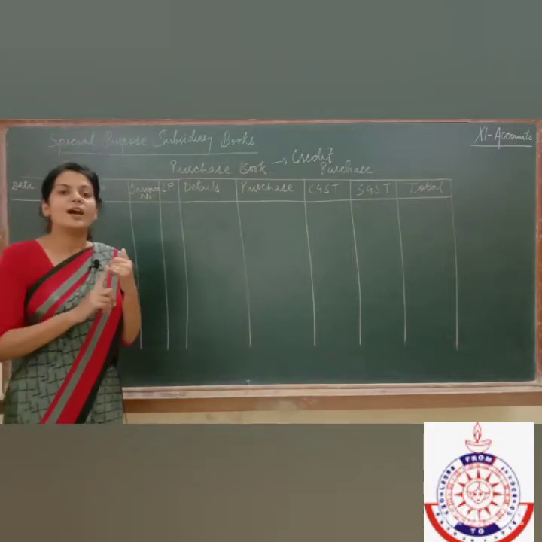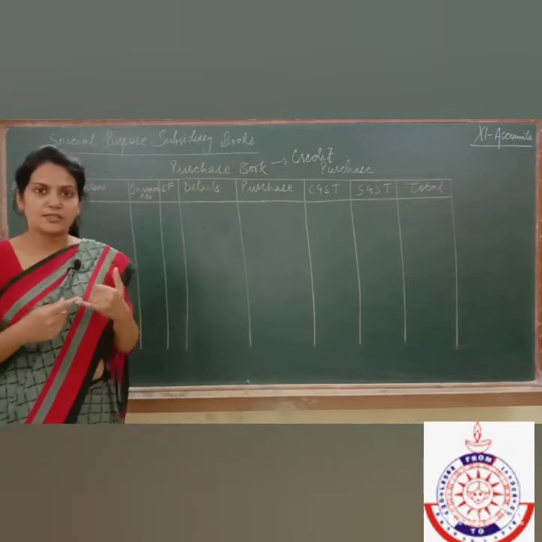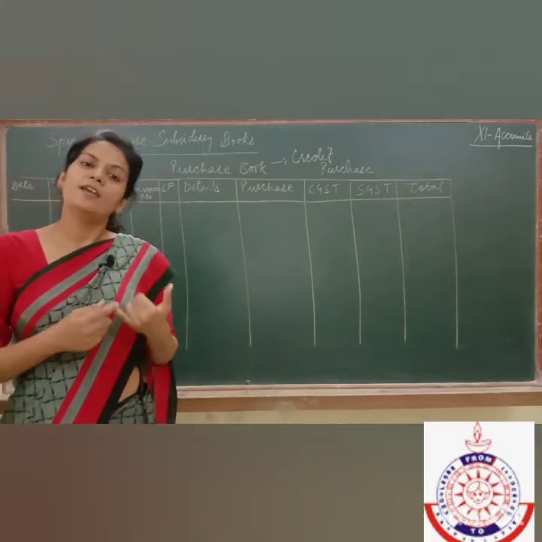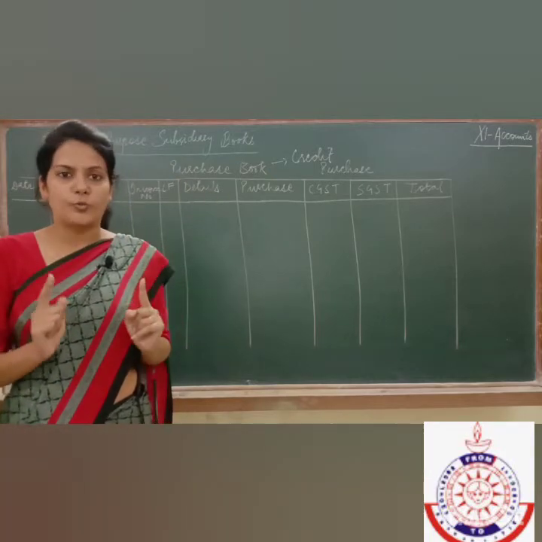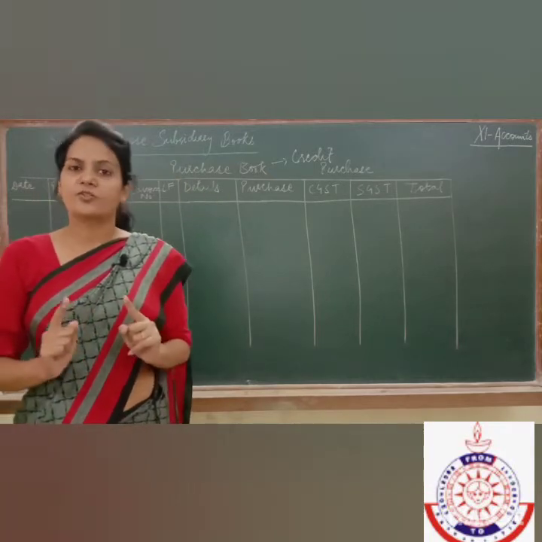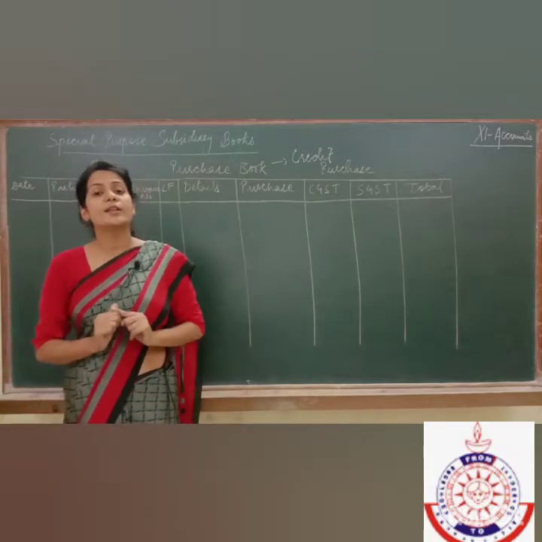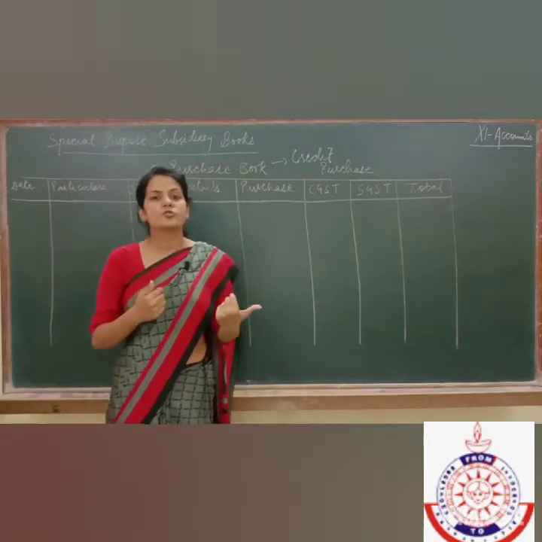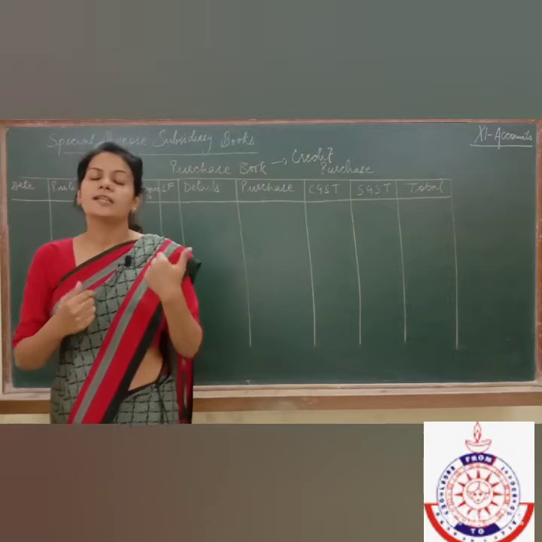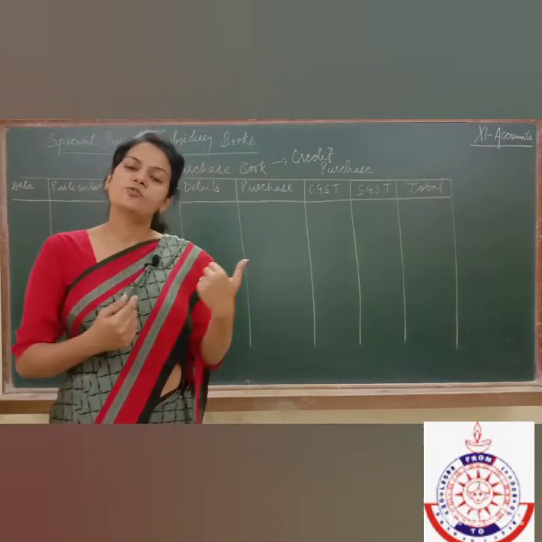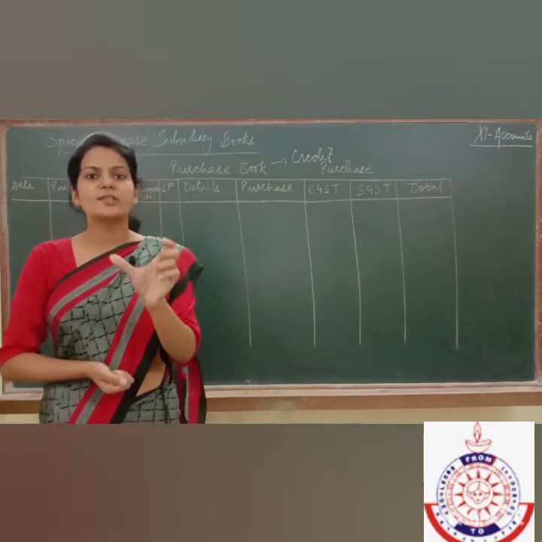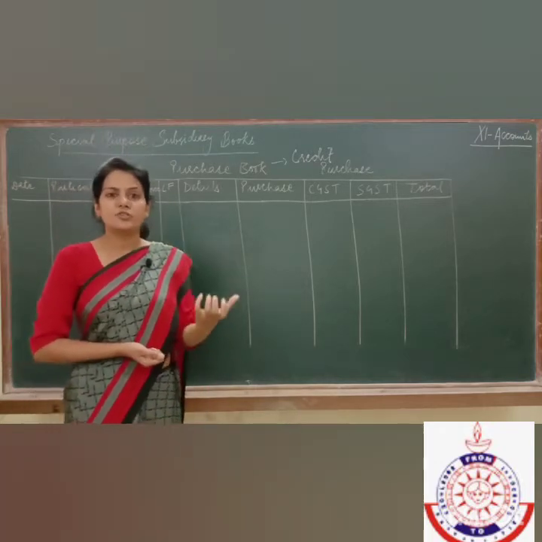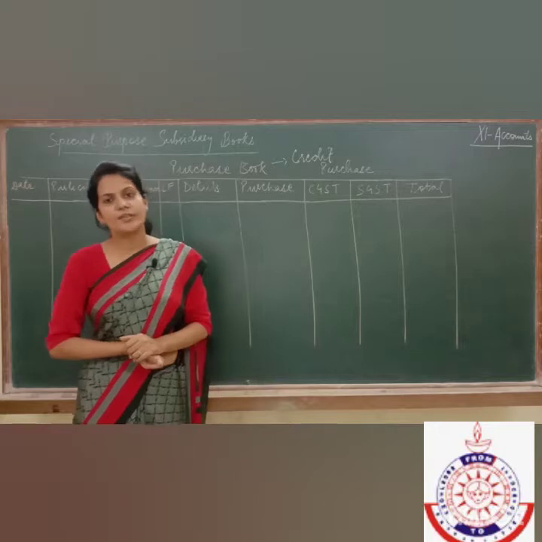Means when we are buying some goods on credit, then we are getting invoice from the supplier. Invoice is a kind of document which shows credit purchase of goods. Similarly, if we are selling goods to someone on credit, then we issue invoice to that particular person. So invoice is a kind of document which is generally issued in the event of credit transactions.